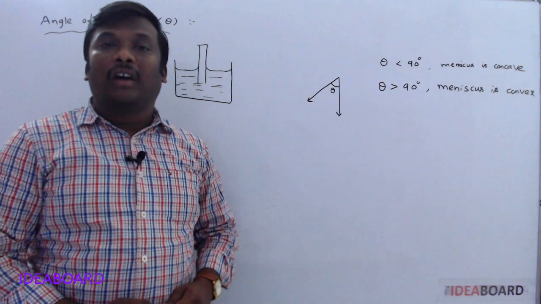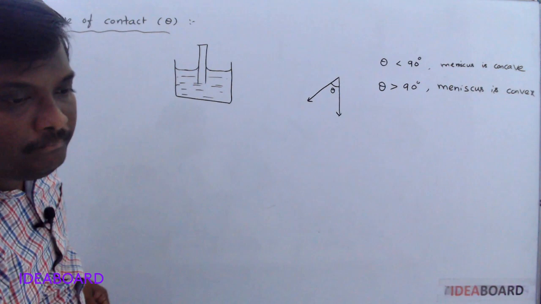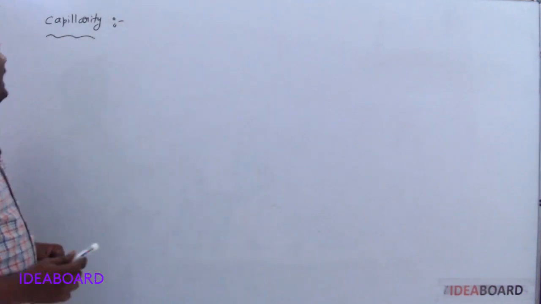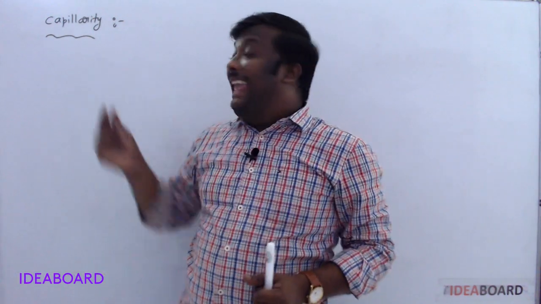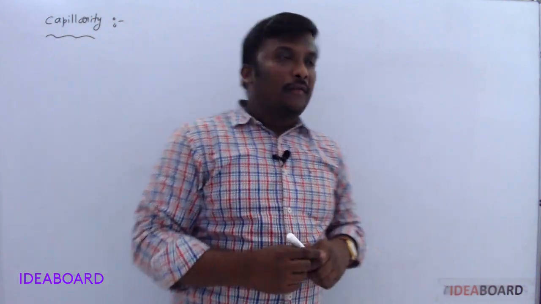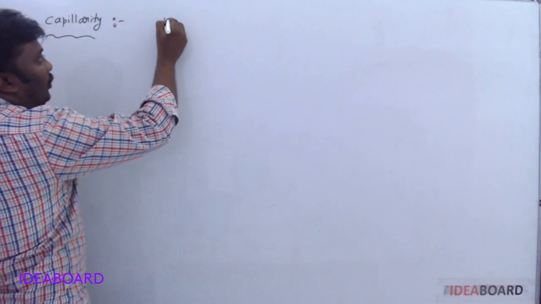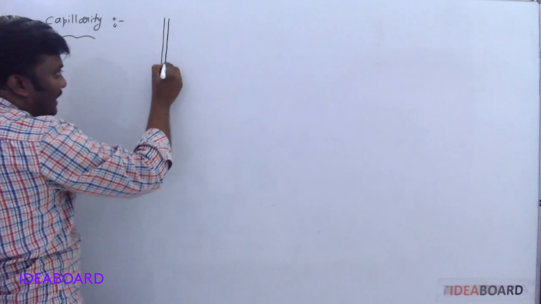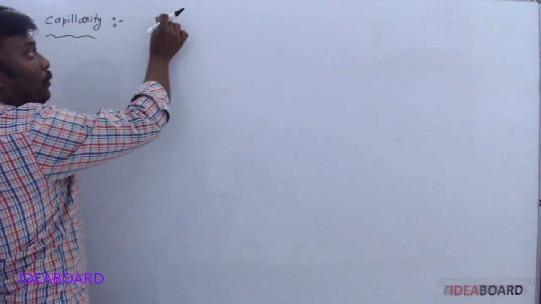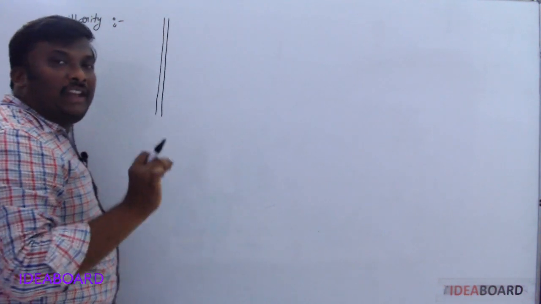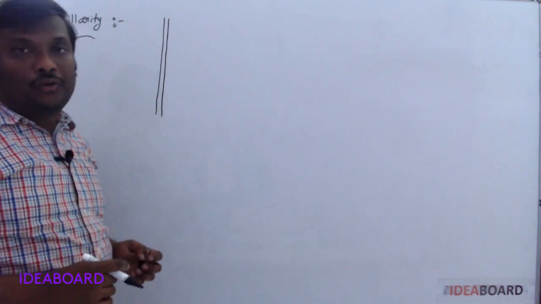Now, based on the angle of contact, we may discuss capillarity. Capillarity is nothing but hair-thin size. If you take a tube open at both ends, and the bore of this tube is very small, then it is called a capillary tube.